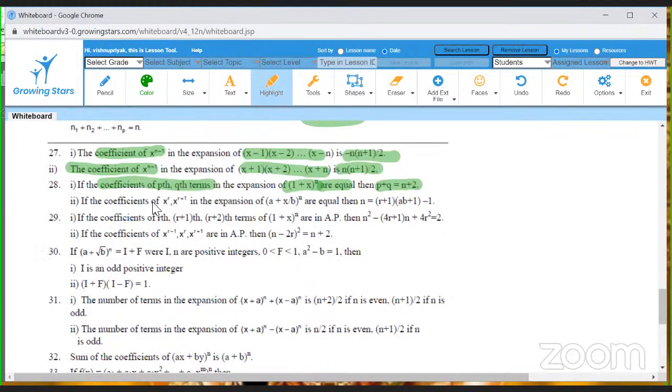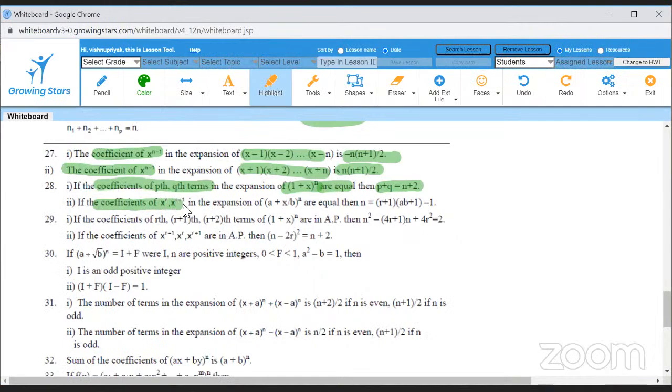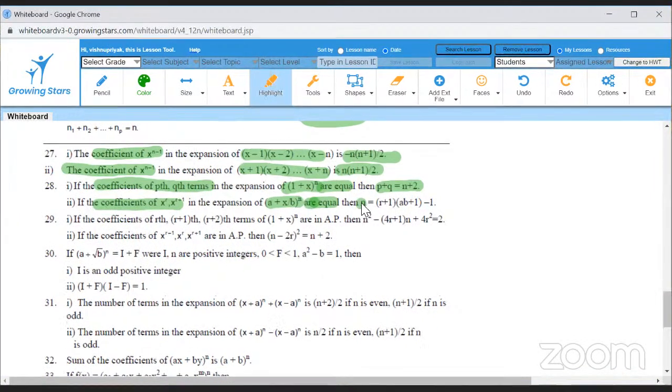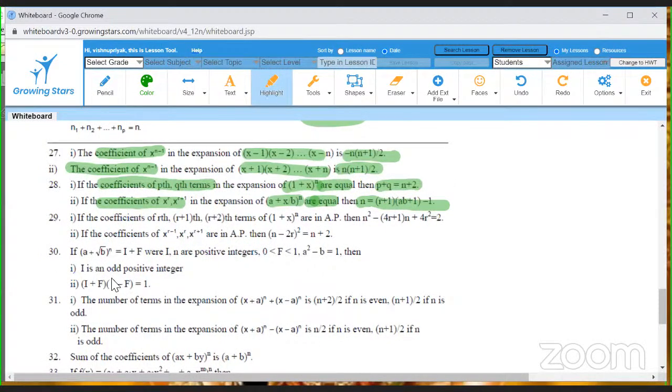If the coefficients of x^r and x^(r+1) in this expansion are equal, then n will be equal to (r + 1)(ab + 1) - 1.